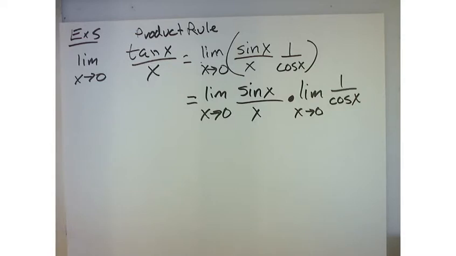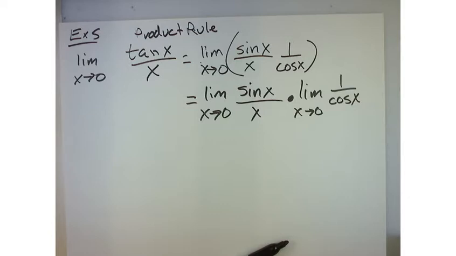So now, sine of x over x, what is the value of that as x approaches 0? Well, we kind of skipped this, but it shows that it's 1.